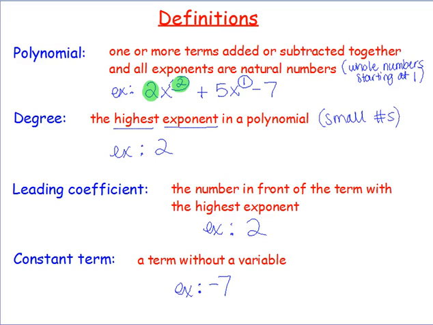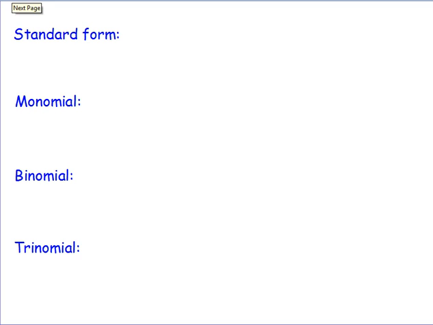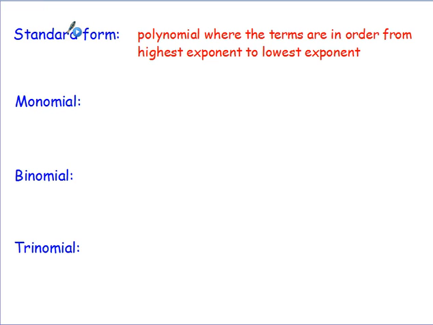When we look at, let's turn the page, the standard form, okay, this is our next definition. This is a specific way of writing our polynomial. This is a polynomial where the terms are in order from highest to lowest exponent. So, I'll give you a new example to work with. 5x to the third minus 4x squared plus 9x minus 1.